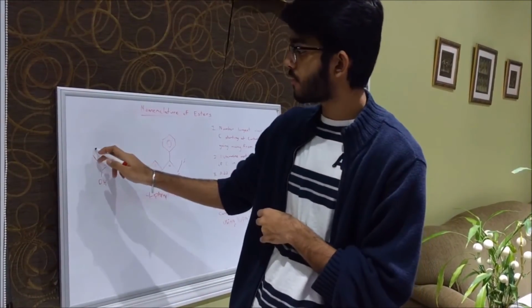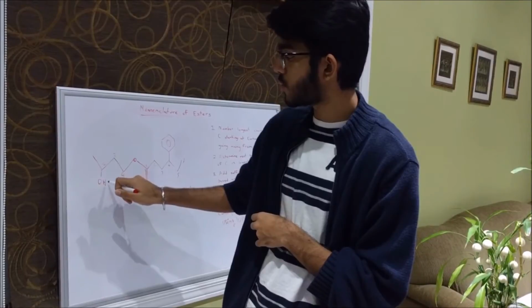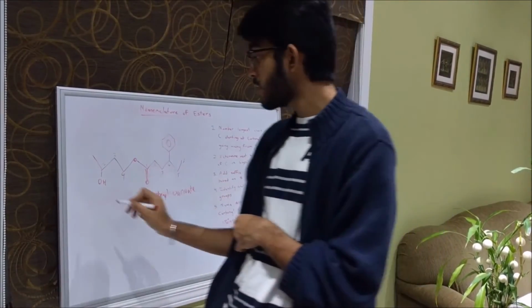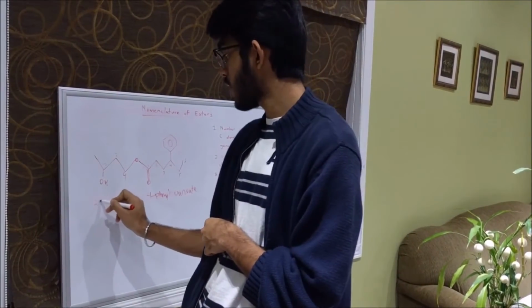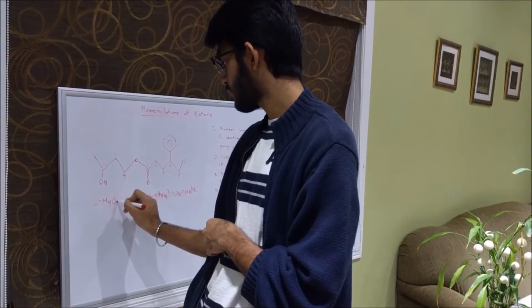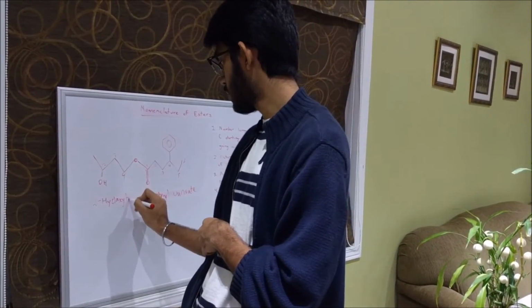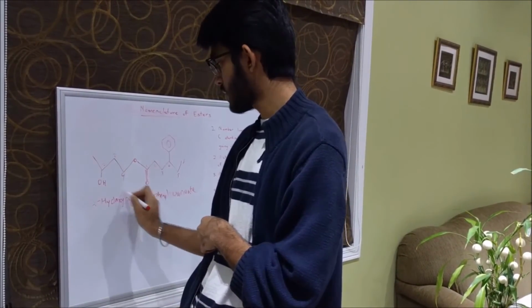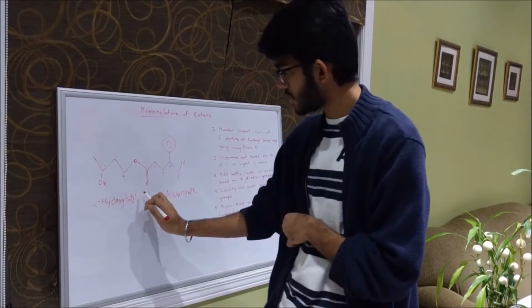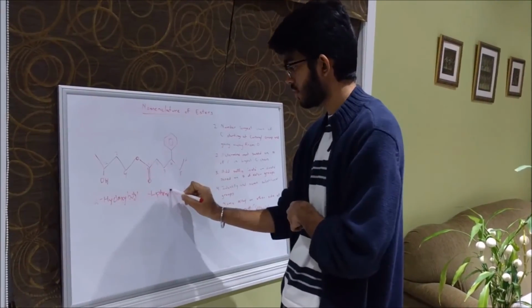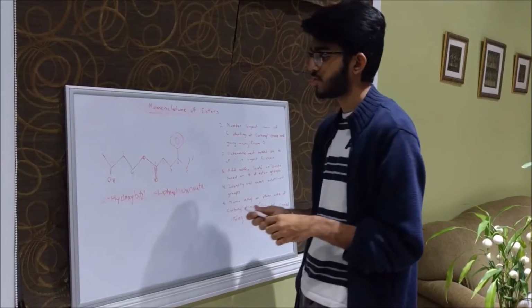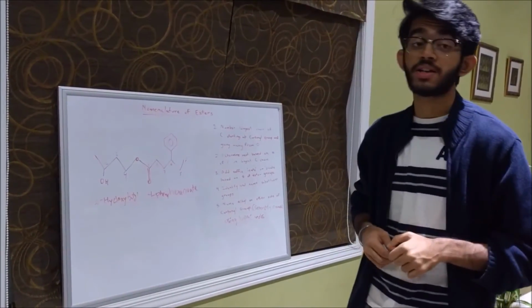Now I'm going to number from here, giving a lower number to the hydroxy group over here. So it is 2-hydroxybutyl. This is an alkyl group, and this is basically the whole name of the ester, 2-hydroxybutyl 4-phenylhexanoate.